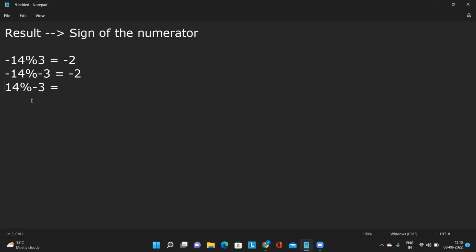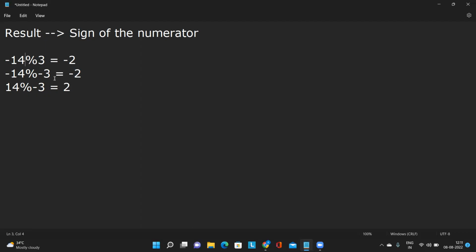But here, my denominator is a negative value and my numerator is positive, so the result is only 2. So remember, the sign of the result is always based on my numerator. This is another very, very important thing you should know with regards to the arithmetic operator modulo.